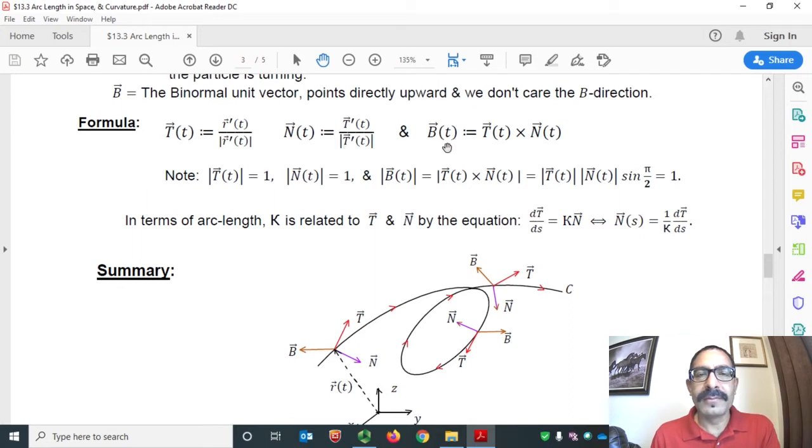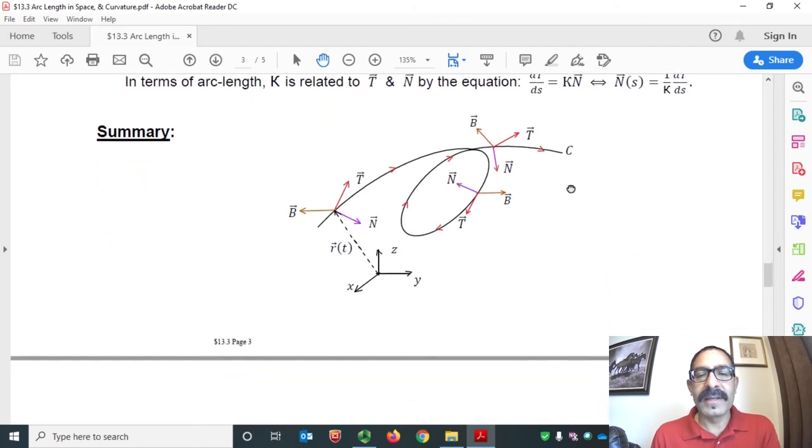And the binormal vector is simply the unit tangent vector crossed with the unit normal vector. In terms of arc length, kappa is related to the unit tangent vector and unit normal vector by these equations, and the normal vector equals 1 over curvature times dT/ds. Awesome. So, a quick summary here.